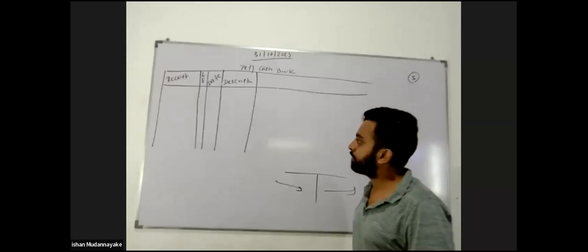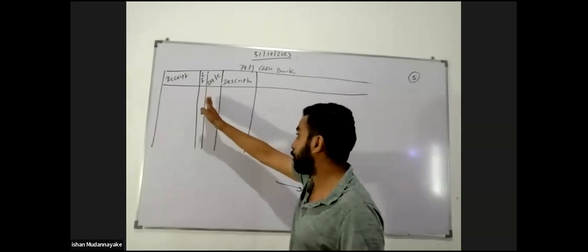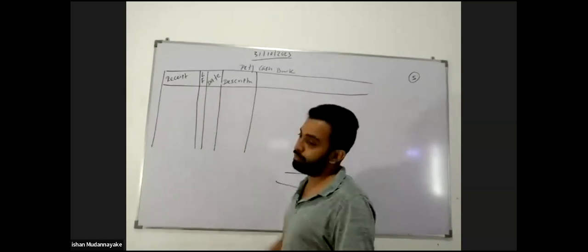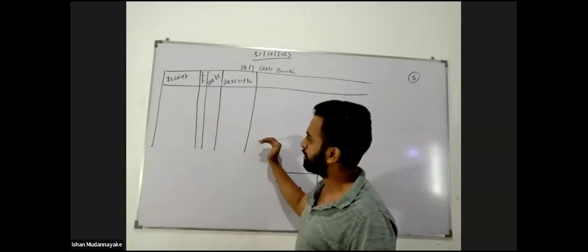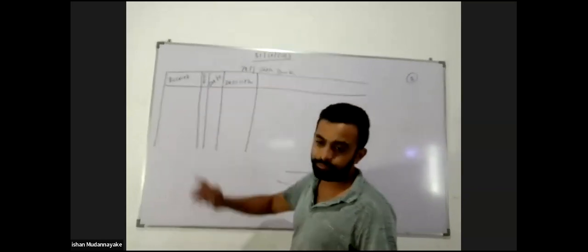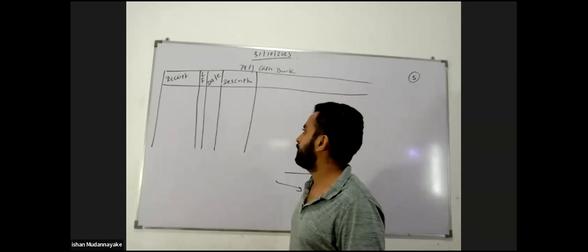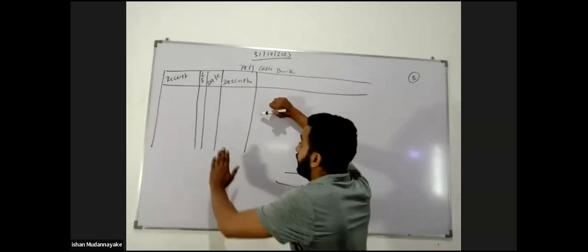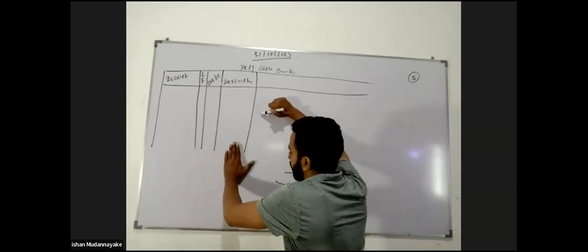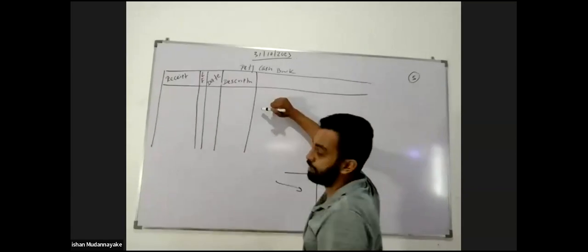That is why in the petty cash book we use the date column and description column for both sides, the debit side as well as the credit side.